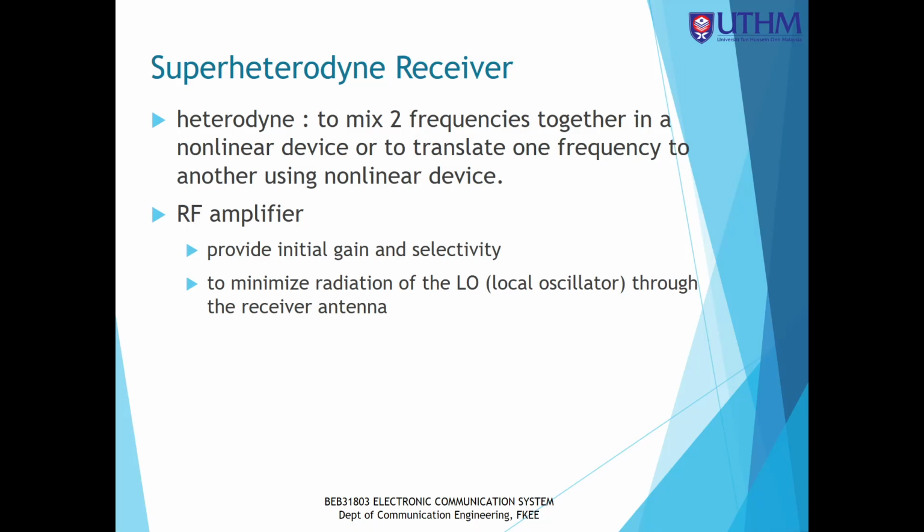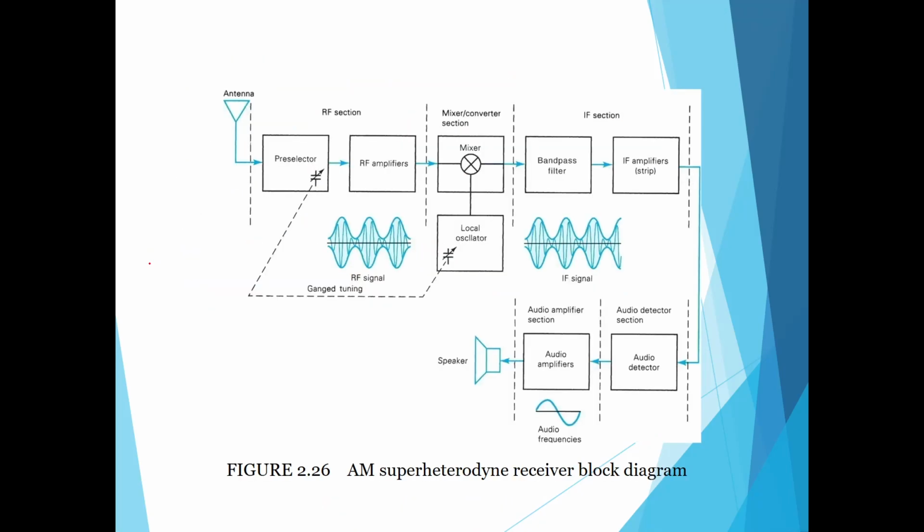The word heterodyne, if I'm not mistaken, is a Latin word which shows a mixing of two inputs. So heterodyne means mixing. That means this receiver accepts at least two inputs in order to do the processes.